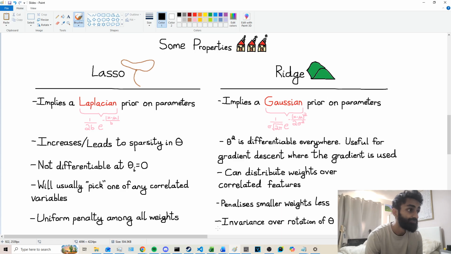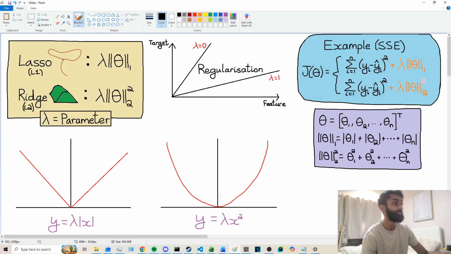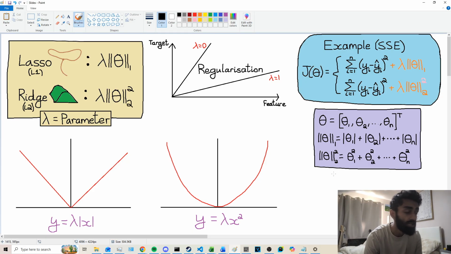And finally, there's an invariance over rotation for theta with Ridge. The reason for that is because the L2 norm is actually just the distance from the origin of a vector. So this L2 norm squared is just the squared distance from the origin of theta, which means if you change the parameters in a way that the distance is preserved, that won't actually change this extra term, should I say, this normalization term.